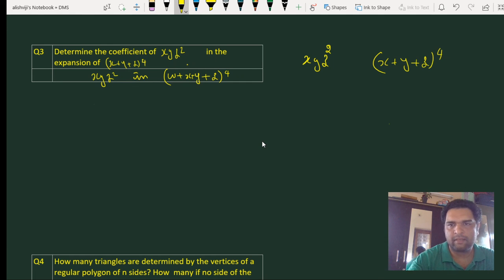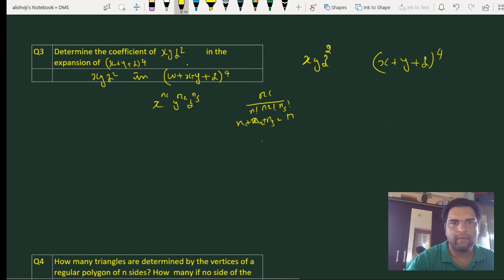But the multinomial theorem states that the coefficient of x raised to n1, y raised to n2, z raised to n3 in the expansion is given by n factorial divided by n1 factorial into n2 factorial into n3 factorial, where n1 plus n2 plus n3 is equal to n.